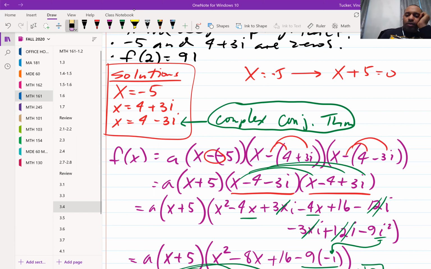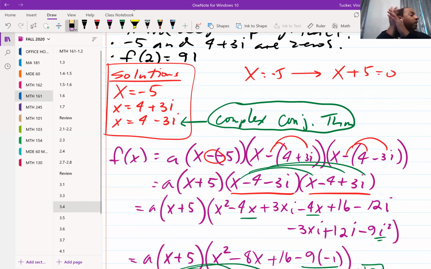When you distribute, you're going to have x squared minus 4x plus 3xi minus 4x plus 16 minus 12i minus 3xi plus 12i minus 9i squared.